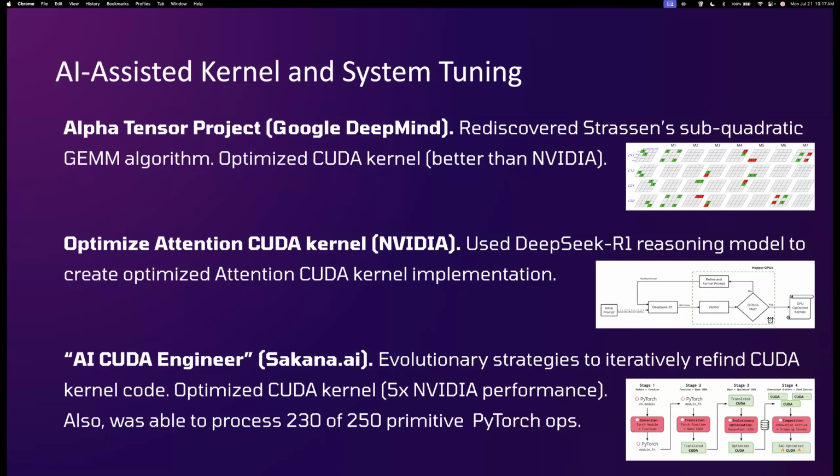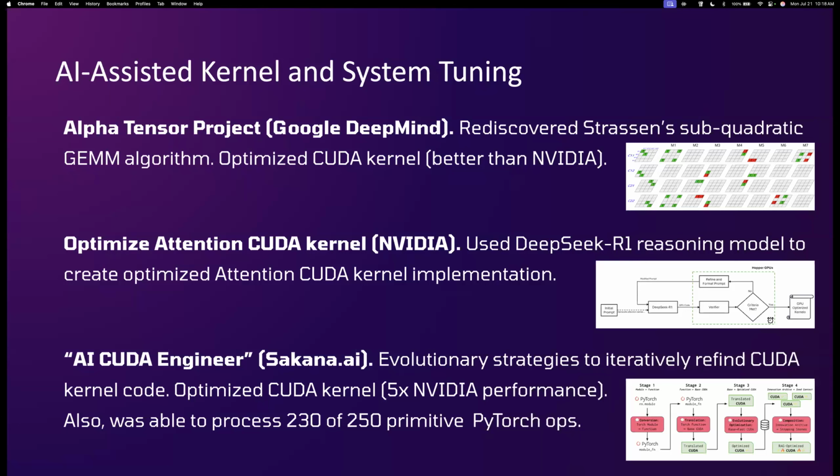So they used what's called an evolutionary strategy, and they were able to create an optimized CUDA kernel that was 5 times the performance of an existing NVIDIA library with the same CUDA kernel. Also, I had mentioned earlier that PyTorch has about 2,000 operations in total, maybe even up to 2,500 by now.